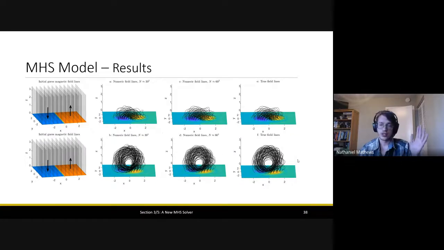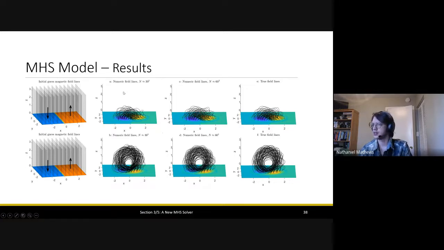These are the results of this numerical method that I've just described. And we can see that our initial guess is very much not like the Gibson-Low model, less or more emerged. But we can still, by using this method, recover the true field lines to a high degree of accuracy.